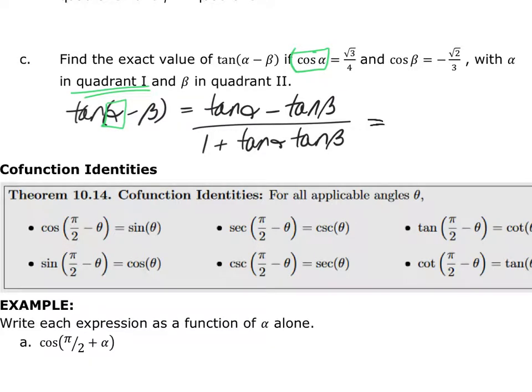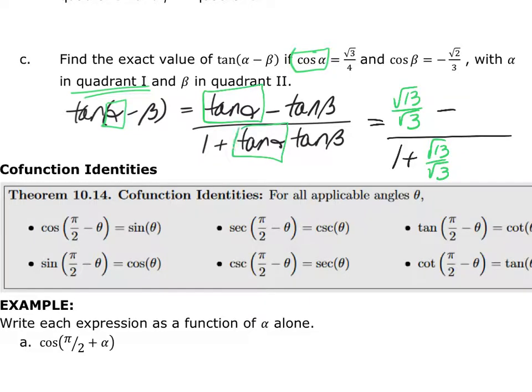So in my equation here, where I see the tangent of alpha, I'm going to replace that with the square root of 13 over the square root of 3. Minus, I don't have the other one yet. And then 1 plus the square root of 13 divided by the square root of 3. That's what I know so far. I have replaced the tangent of alpha with the value I found off in the left-hand side.